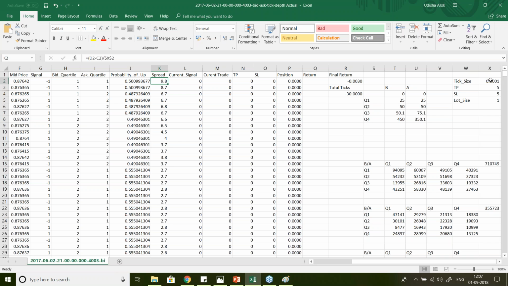So between the bid and ask, I don't have 5 prices; I actually have 5 divided by 0.1, which is 50 prices. So I have 50 ticks between bid and ask. So I have divided the bid ask spread by the tick size, and I got the spread.